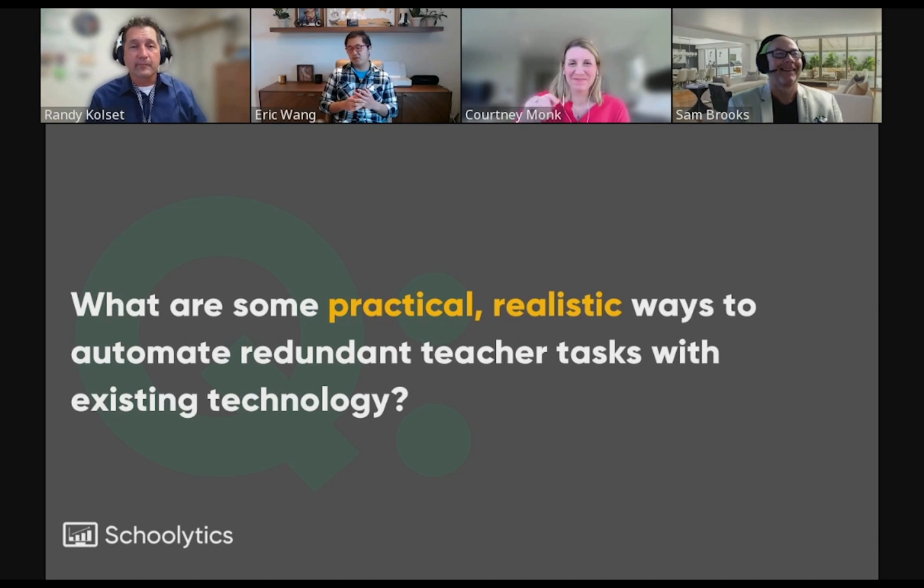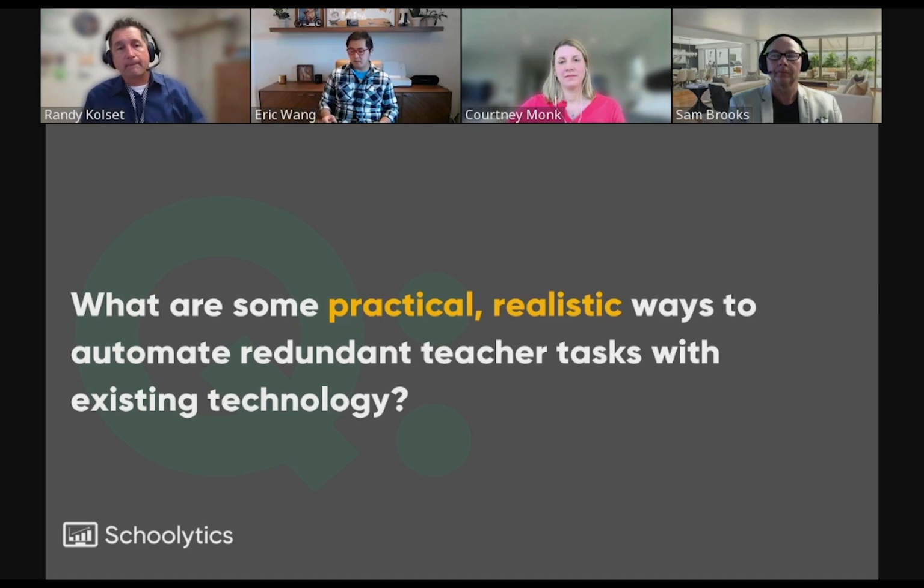AI has gotten really good at performing a lot of these lower level tasks, and we're starting to see a lot more of these apps come forward to start to truly automate, right? Not just in terms of process automation, but really start to take away some of that lower level cognitive thought that takes up energy, takes up time, and that's been a really powerful shift for teachers in terms of products that we've seen.